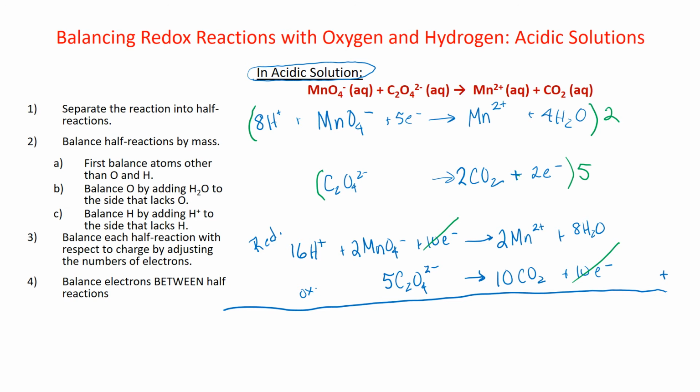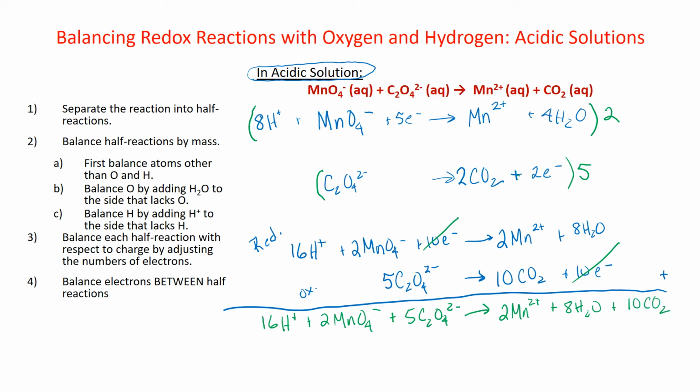So we have 16 hydrogens plus 2 permanganates plus 5 oxalates. And on the product side, we've got 2 manganese plus 8 waters plus 10 carbon dioxides.